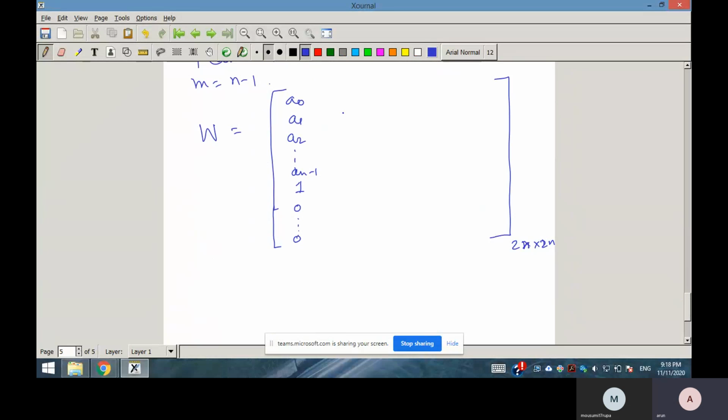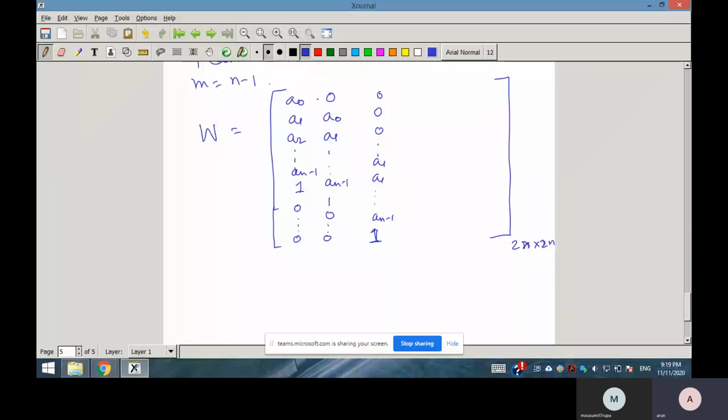So this will be your first column. Then the second column will be 0, a0, a1 up to a n minus 1, then 1, then 0 up to 0. So in this way it will continue, until it is 1, it will continue like this.